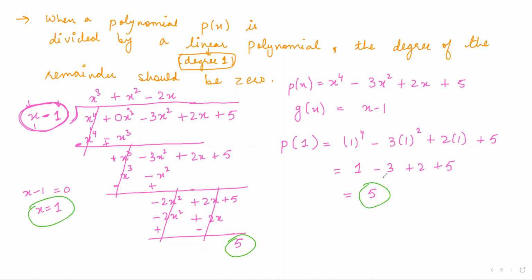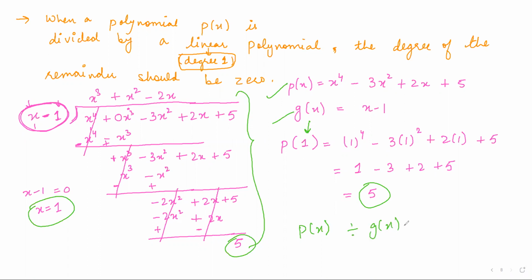So I'm getting the same thing. Can you spot it? The value of my polynomial at this particular x is also 5, which is actually equal to the remainder. Can you see this thing? So basically, this is the remainder theorem, that without performing this division, if I ask you that, for example, I'm dividing my Px by this Gx, whichever is given to you, Px is being divided by Gx.